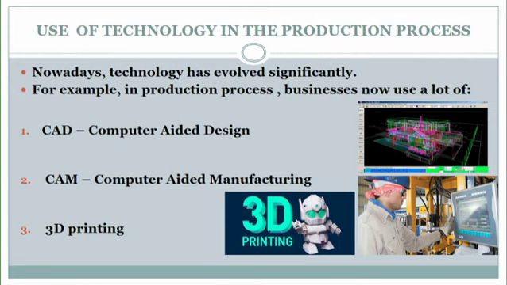The use of technology in the production process. Nowadays, technology has evolved significantly. For example, in the production process, businesses now use a lot of, first, CAD, meaning computer-aided design, second, CAM, that is, computer-aided manufacturing, and lastly, 3D printing.